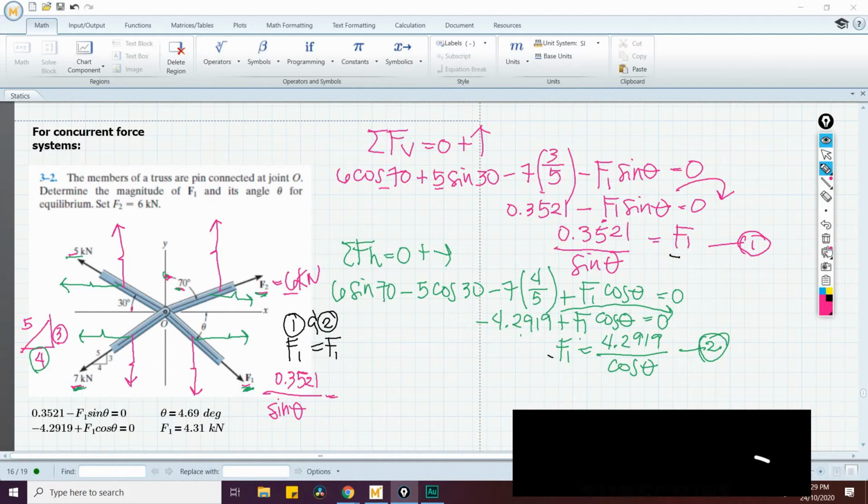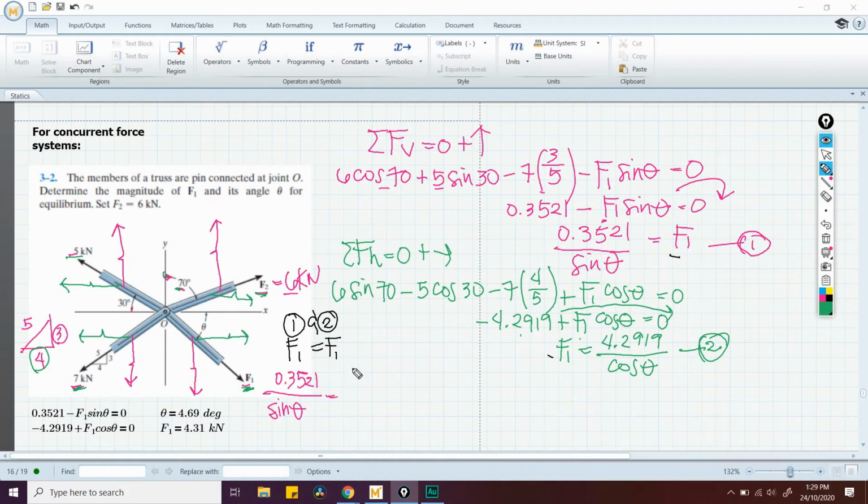Equal yan kay F1 equation 2, which is 4.2919 over cosine theta. Okay, at alam natin na 'di ba yung sine over cosine is tangent. So, ilipat natin ito. Okay, so pag nilipat natin yan, we will have sine theta over cosine theta. Okay, tapos yung 4.2919 sa kabila naman.